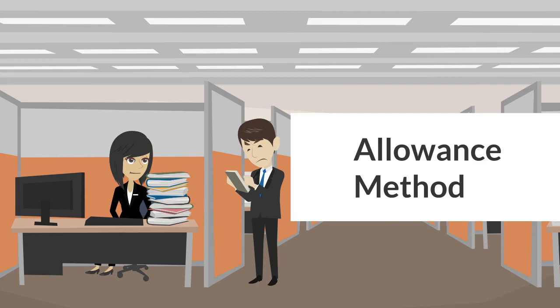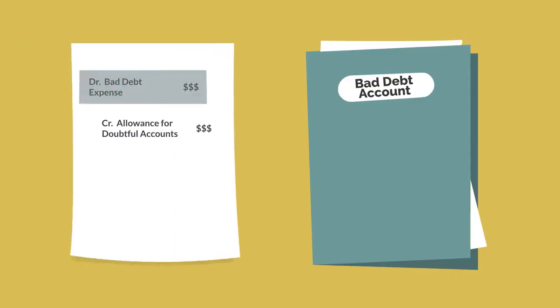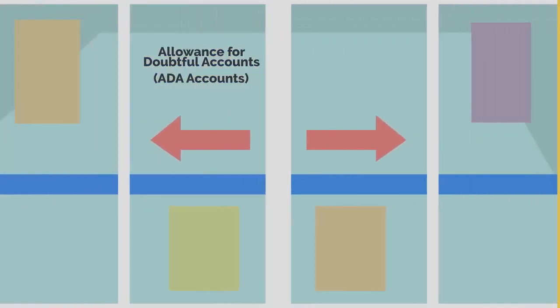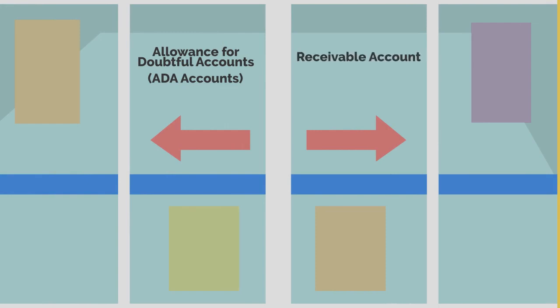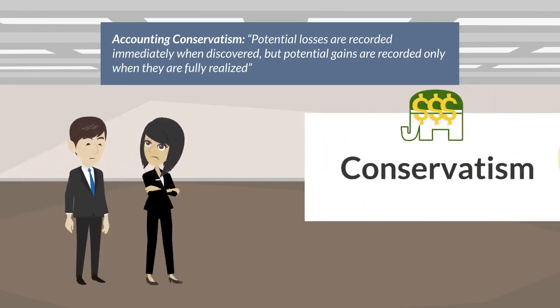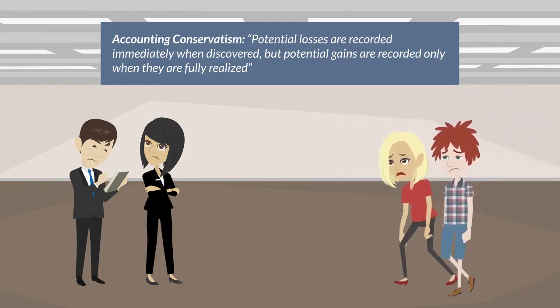They will estimate an uncollectible amount for each period, then record it as a debit to bad debt expense and a credit to allowance for doubtful accounts. The allowance for doubtful accounts, or ADA account, is a contra-asset account that offsets the accounts receivable account. This reflects the accounting principle of conservatism, where we are on the side of caution in financial reporting and recognize that not all promises will be kept.